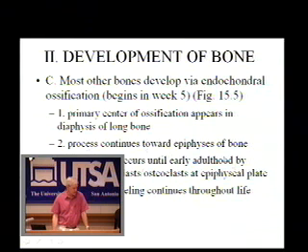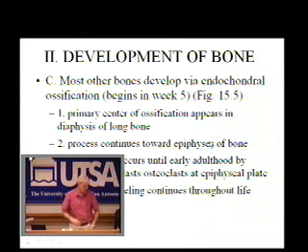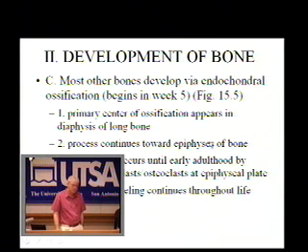The process continues from that dead center in the shaft toward the epiphyses, so from center to the ends, toward each end, where ultimately it's going to meet the epiphyseal portions and join and unite with the effort of forming bone there. And we know that that is at the epiphyses, where the epiphyseal plate or the growth plate is going to reside for the lengthening of the bone once the shaft of the bone is formed.